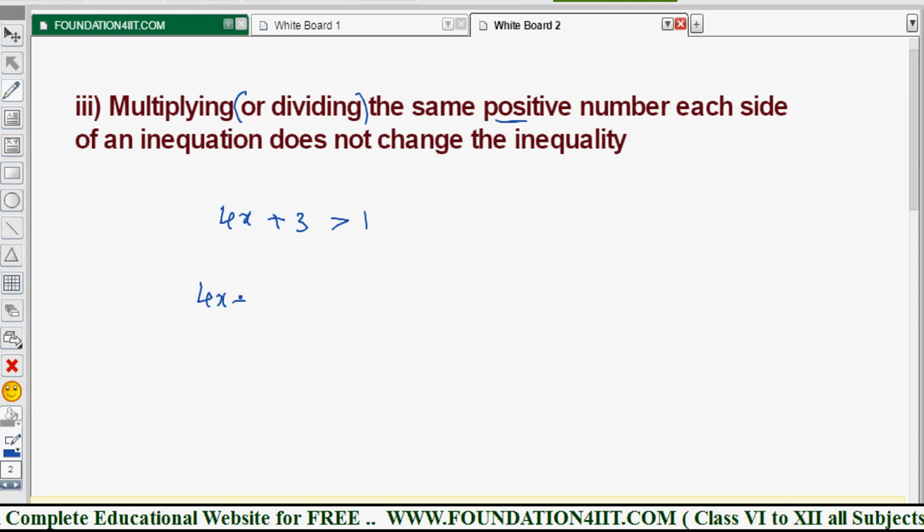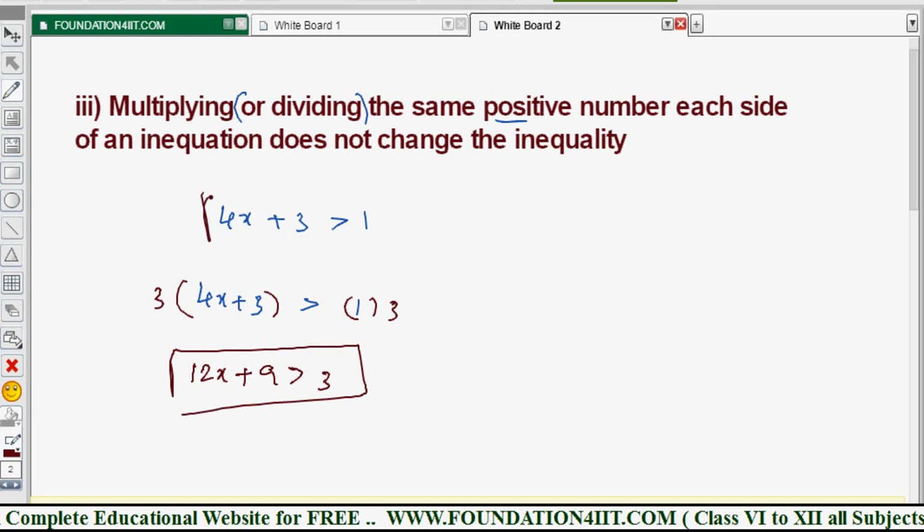Just multiply the same number on both sides. I multiplied by 3 on both sides. Then the inequation does not change. So 4 times 3 is 12x, 3 times 3 is 9, and 1 times 3 is 3. So 12x plus 9 is greater than 3, and 4x plus 3 is greater than 1. The solutions never change, and the greater than sign stays as it is.